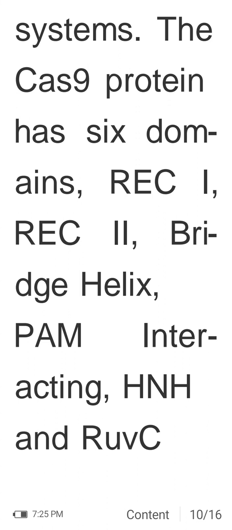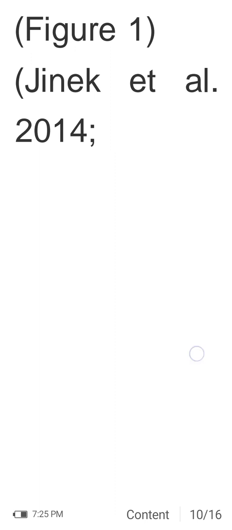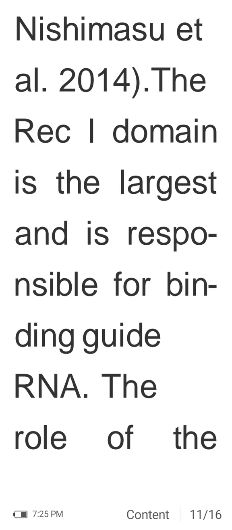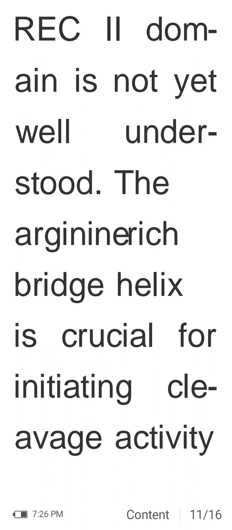The Cas9 protein has 6 domains: REC1, REC2, bridge helix, PAM-interacting, HNH and RuvC. The REC1 domain is the largest and is responsible for binding guide RNA. The role of the REC2 domain is not yet well understood.